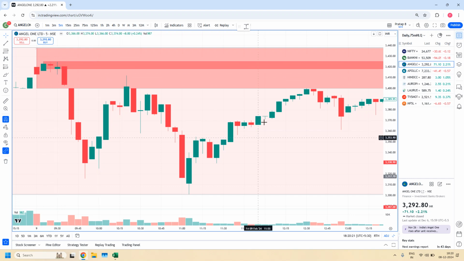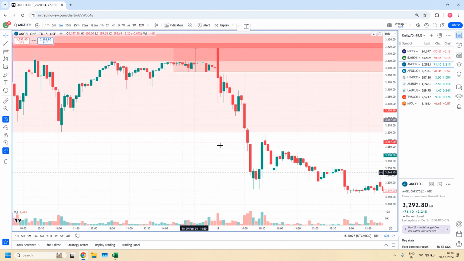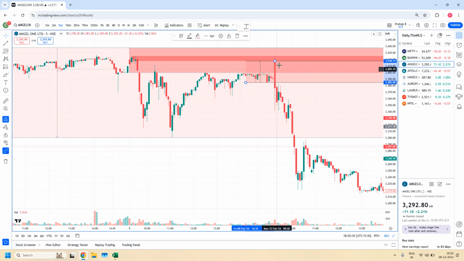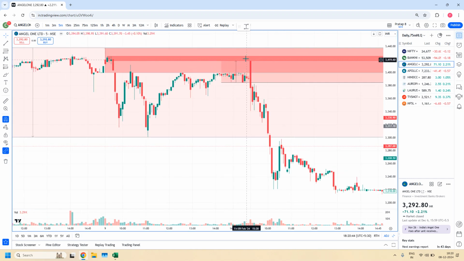This 5-minute zone is the horizon to this entire 75-minute zone. This is the 75-minute zone, and it has this 5-minute zone as a horizon. Once it picked up the orders from the horizon, see how sharply prices came down. So definitely we want to plan our trade in this area.